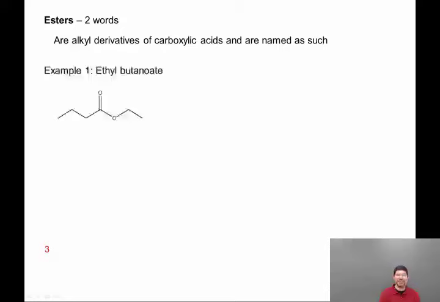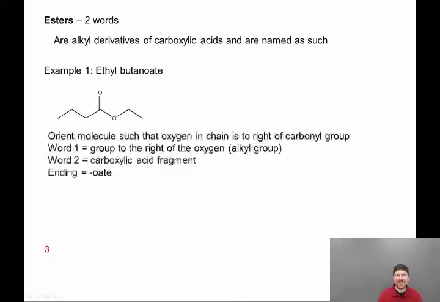So when we construct the name of an ester, we need to indicate both the alkyl fragment and the carboxylic acid fragment. Therefore, our name is going to have 2 words. The first example I'm going to give you of an ester is ethyl butanoate. How did I get this name? My recommendation for naming an ester is always to orient the molecule such that the oxygen in the chain is to the right of the carbonyl group.